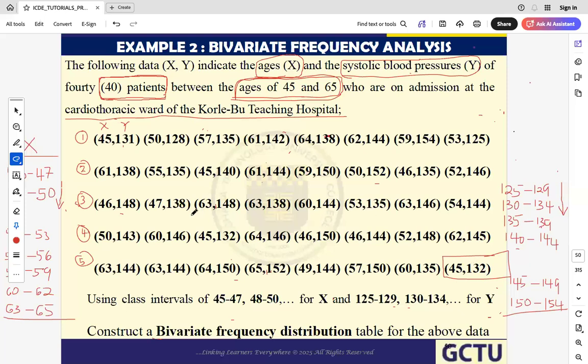Now the question is, this data, what is it about? What is it speaking? Age and pressure. What can we do with that? We need information from this data. There must be information from this data which the doctor can use to work.